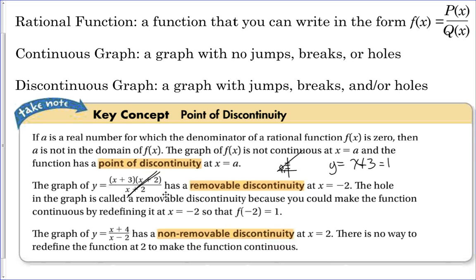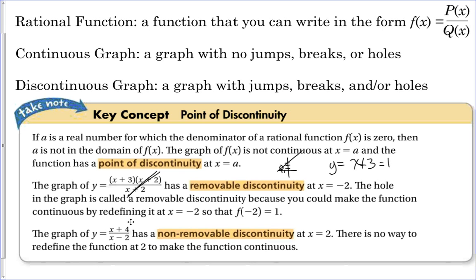All right, so that's what's called a removable discontinuity, when you can cancel out parts of the denominator with the numerator. Now, a non-removable discontinuity is when there's no way to cancel out part or all of the denominator.